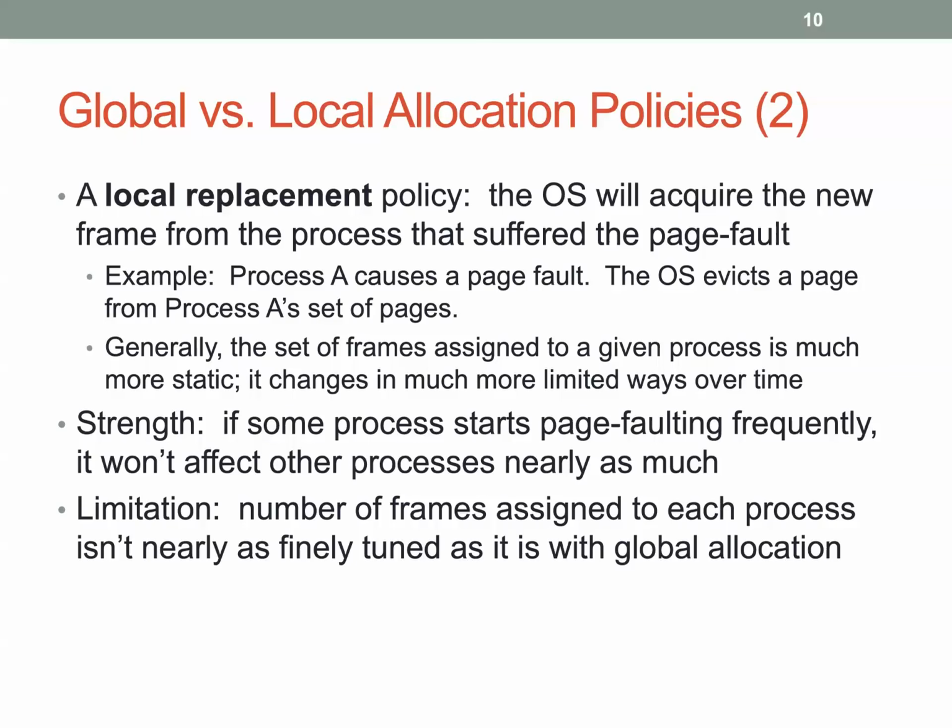And you'd like your OS to be able to proportionally allocate frames to processes based on the process's needs. So it tends to be that modern operating systems pick global replacement policies, not local ones.